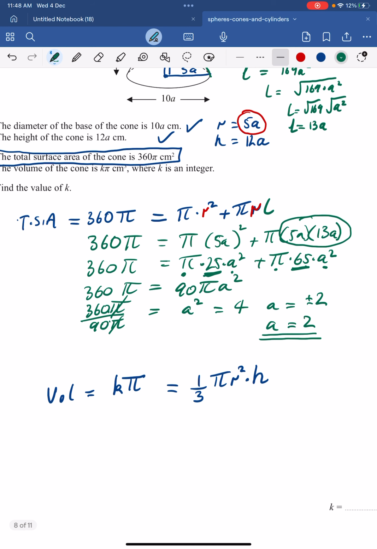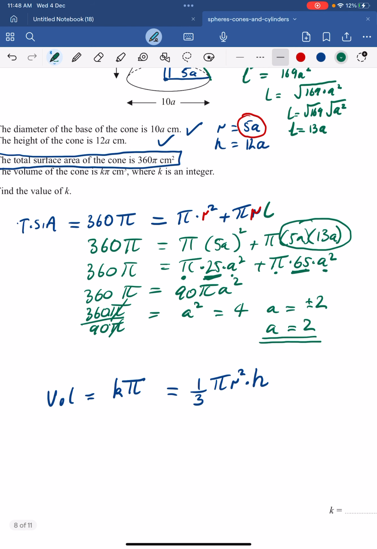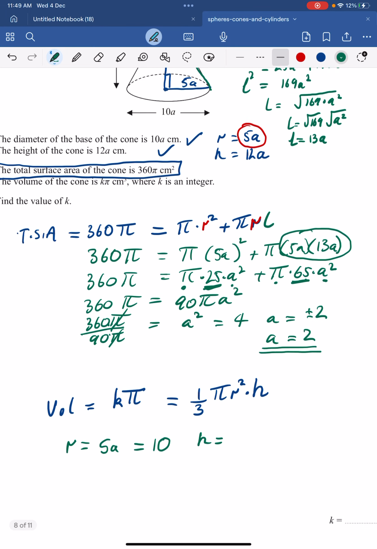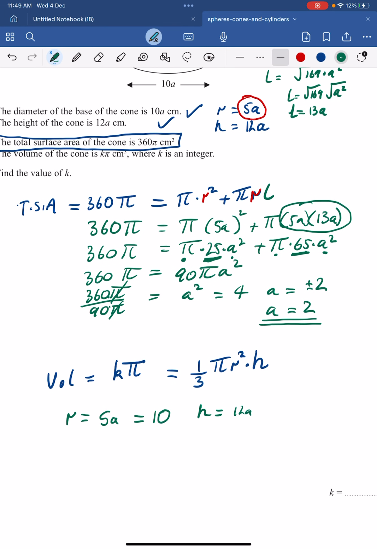That should help us with the final piece to find the value of k. Because now can you see that the radius, which is equal to 5a, is now equal to 10. And the height, which is equal to 12a, is now equal to 24.